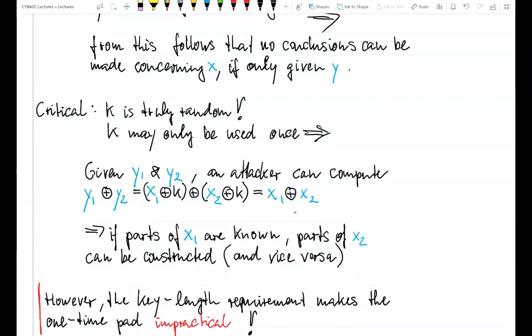Another very likely situation is that you may have the sender actually encrypt a text that you know, and the sender is unaware that he or she did that.